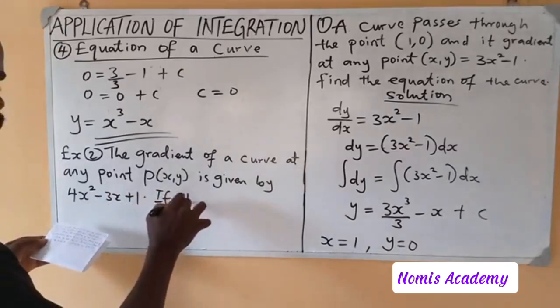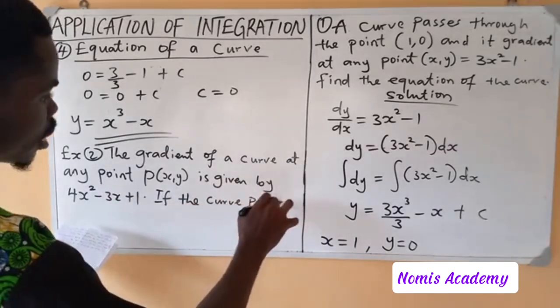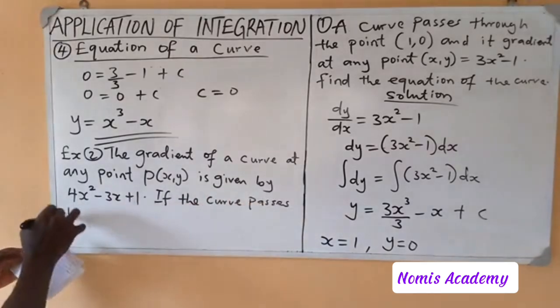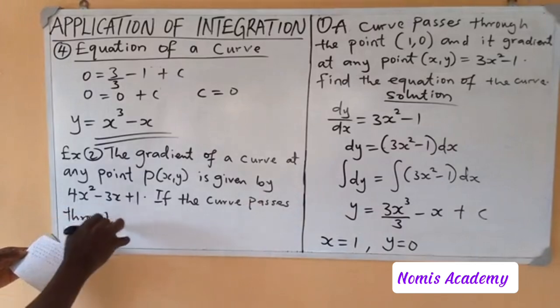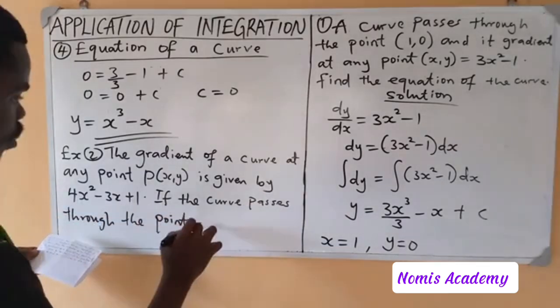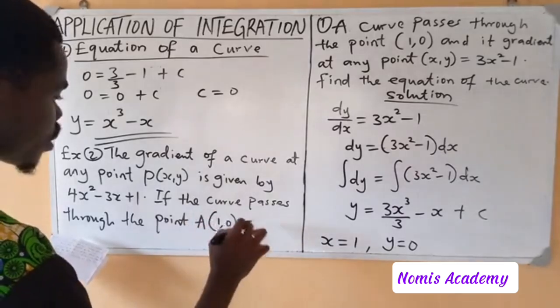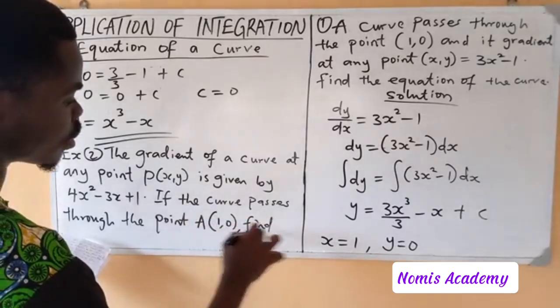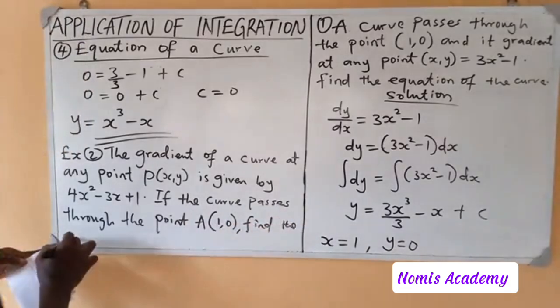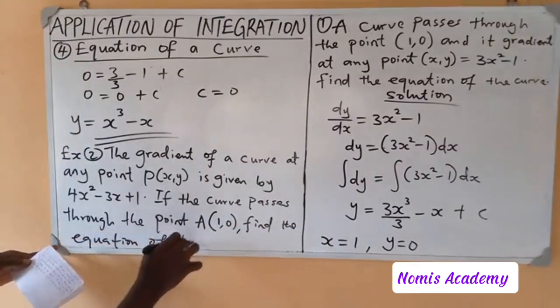If the curve passes through the point (1, 0), find the equation of the curve.